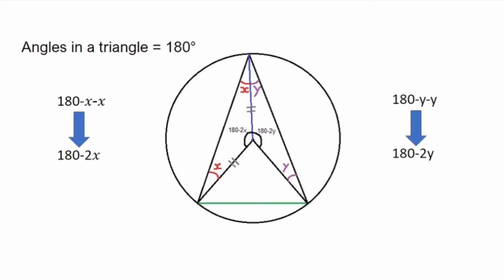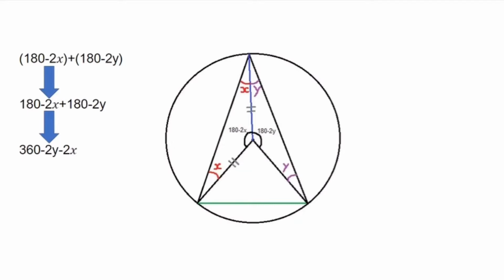We get 180 minus 2y. Now, we add these two angles together to get the value of the reflex angle. 180 minus 2x plus 180 minus 2y, and when we group our integers together, we get 360 minus 2y minus 2x.